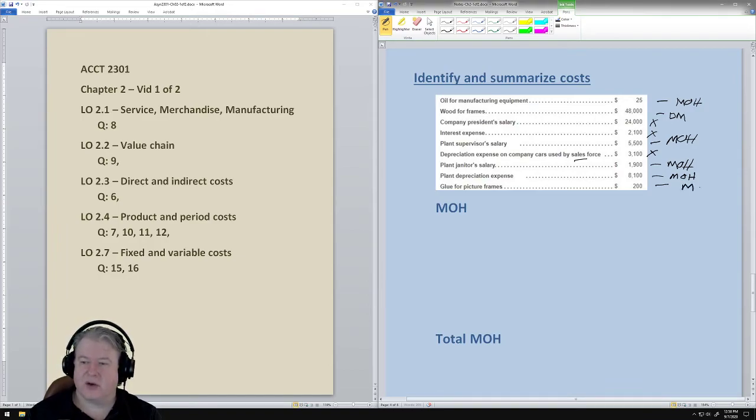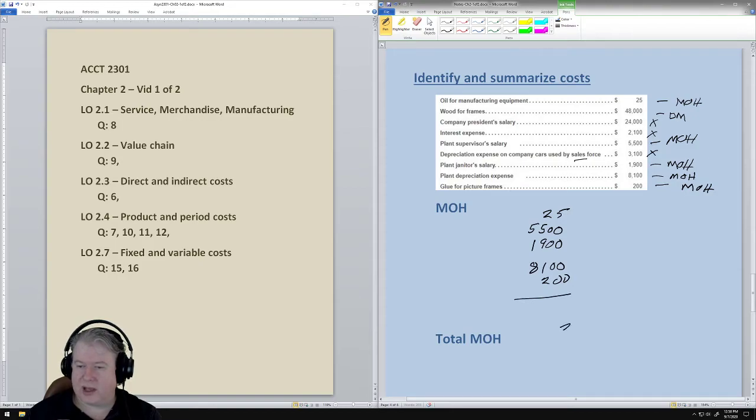So manufacturing overhead. So we would take these three and we would add them up. We would say 25 plus, well, we're not going to add the 48,000 because that's not manufacturing overhead, plus 5,500 plus 1,900 plus 8,100 plus 200.